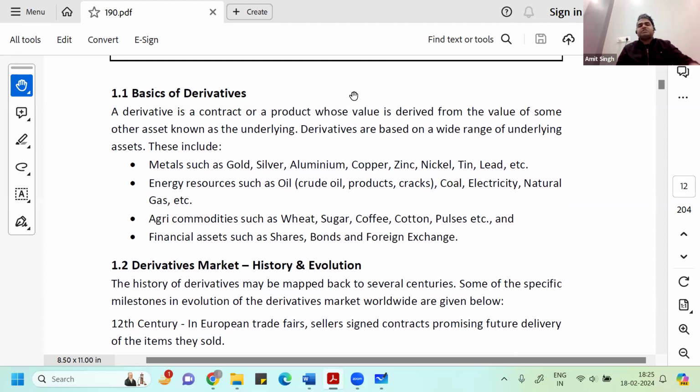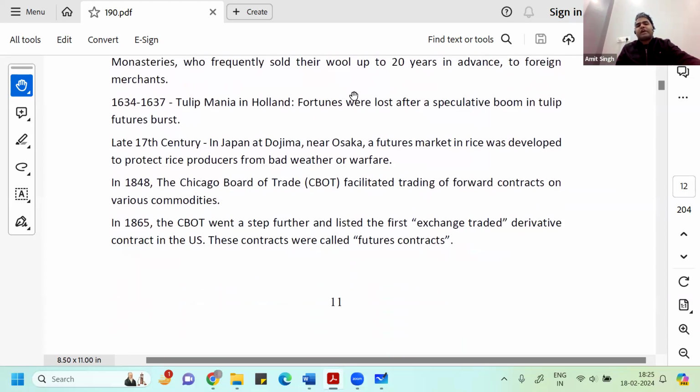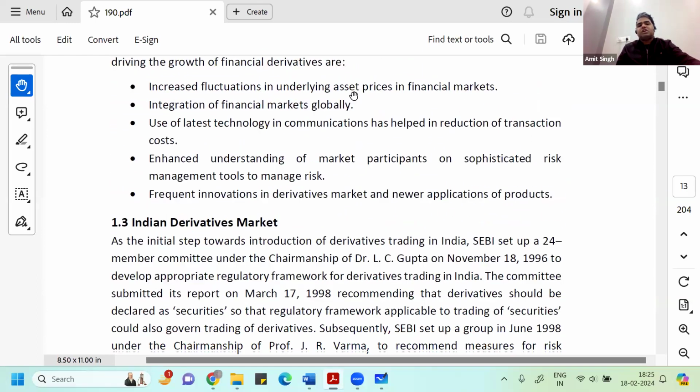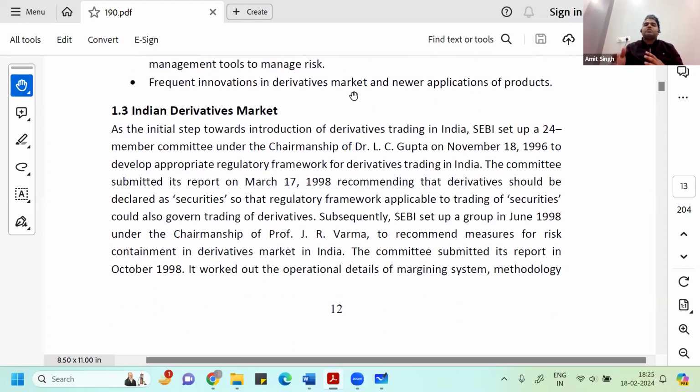So I hope you have understood what a forward contract is, and the history of how derivative instruments were introduced. You got to know about the LC Gupta committee and the Professor J.R. Verma committee. You have to remember the recommendations of both. The LC Gupta committee did the groundwork on whether derivatives should be introduced in the Indian market or not, and they recommended that derivatives as a security should be introduced in our market.